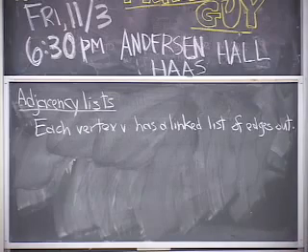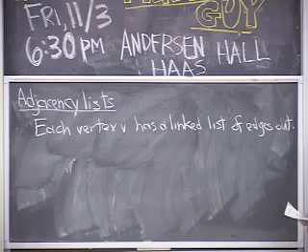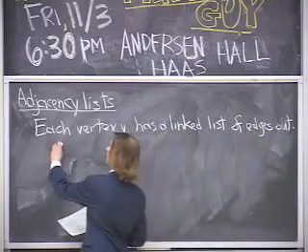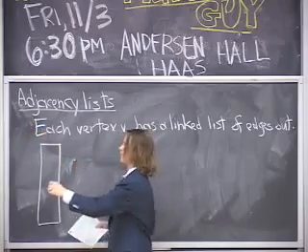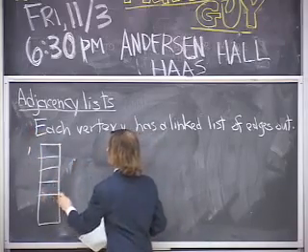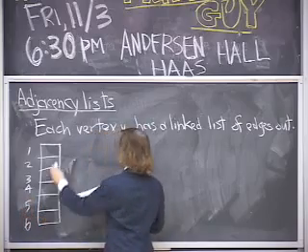Or to be more precise, all the edges that have V as their origin. And so for our intersection graph up there, it'll look like this.